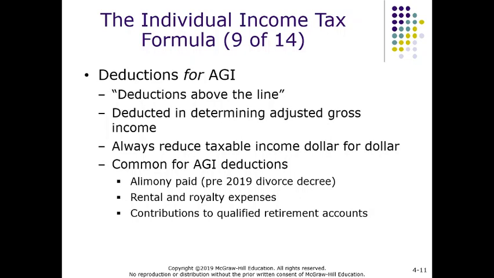Rental and royalty expenses. Contributions to qualified retirement accounts. Contributions or premiums on health insurance for self-employed individuals. If you had to lump all these four AGI deductions, for the most part, they are somehow business related. Not all of them, though. Alimony is certainly not the case.